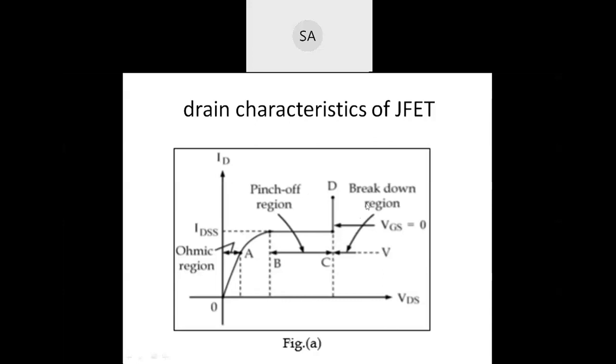In this one we have 4 regions: 0 to A, which we call the ohmic region; A to B, the curve AB; B to C, the pinch-off region; and C to D, which we call the breakdown region.